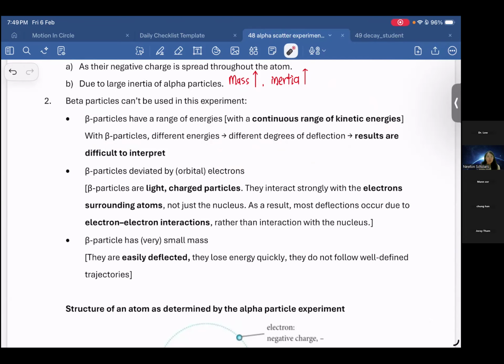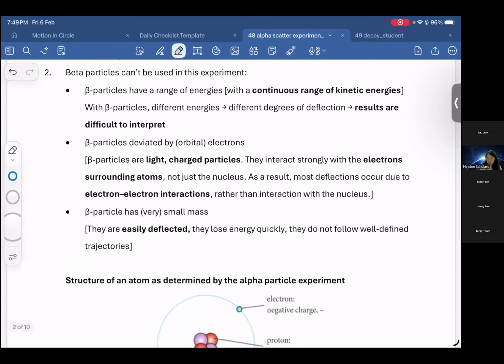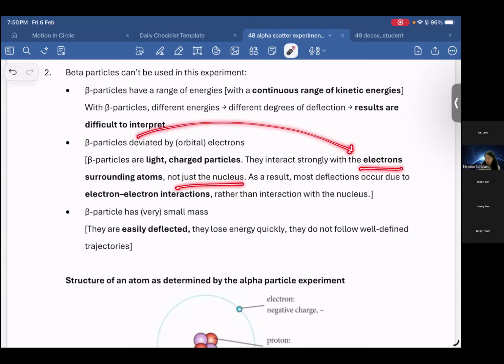Fixed value. The beta particle is deflected by the electron, because a beta particle is an electron, so it will be deflected by the electron also. Beta particles are light, charged particles, so they interact strongly with electrons and will be affected by them. Just now, alpha doesn't. Not just the nucleus, but also the electrons will affect the beta.